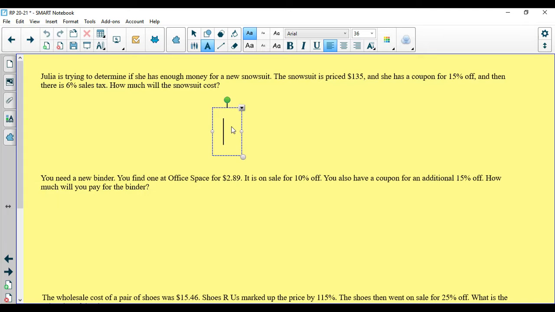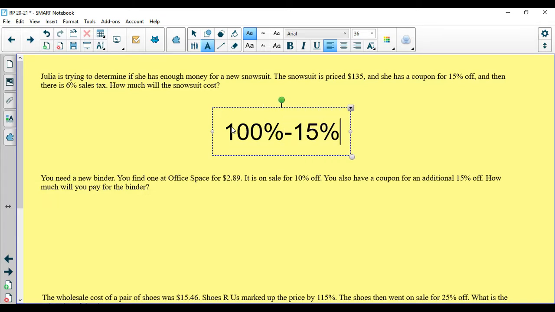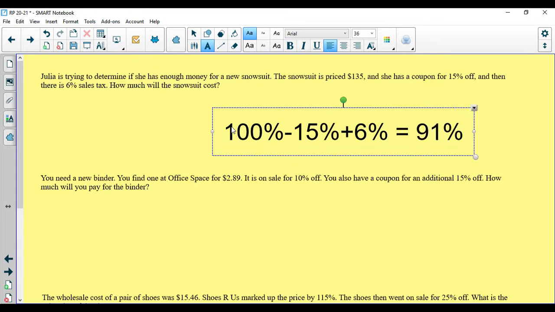So they would say, okay, there's 100% of the cost of the snowsuit. 15% off is a percent decrease, so they subtract the 15%. And then to that calculation, they just do the percent increase for sales tax and add back the 6%. And so they would get 91%, and they try to find 91% of the $135.